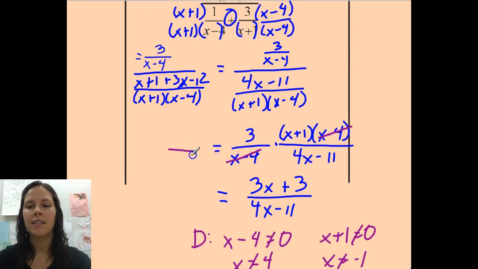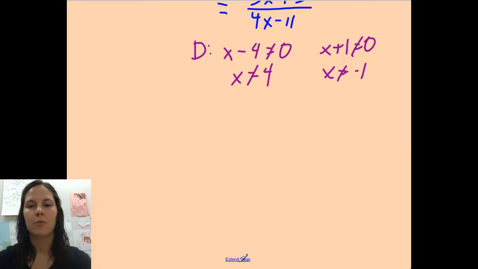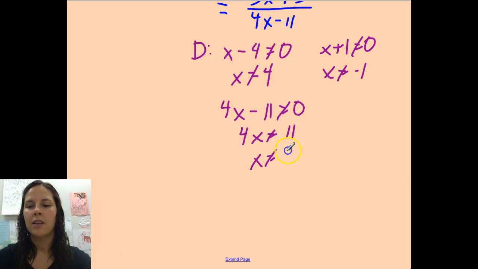Up until this step, the answer was no, but here we have a 4x minus 11 in the denominator. So now we're going to set that as part of our domain restriction as well. Solving that by adding 11 to both sides and dividing by 4, we have x cannot equal 11/4 as well.